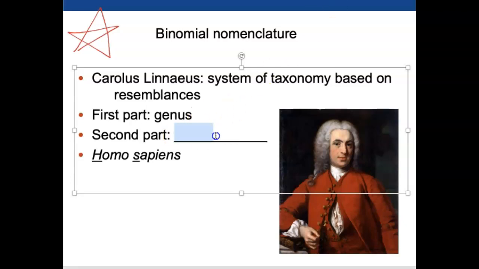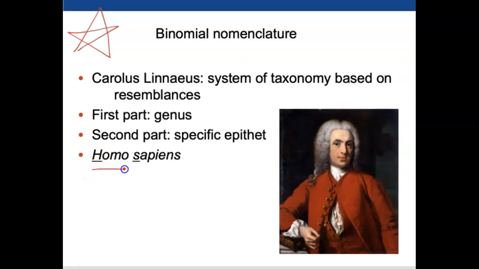The second part is known as the specific epithet. We often say species. So Homo is the genus, sapiens is the species or specific epithet.